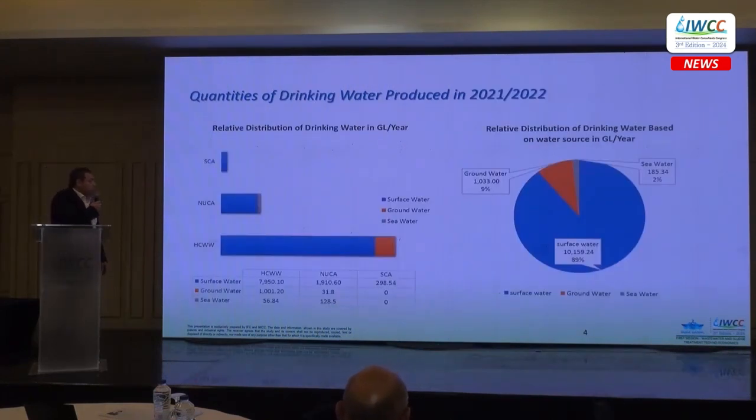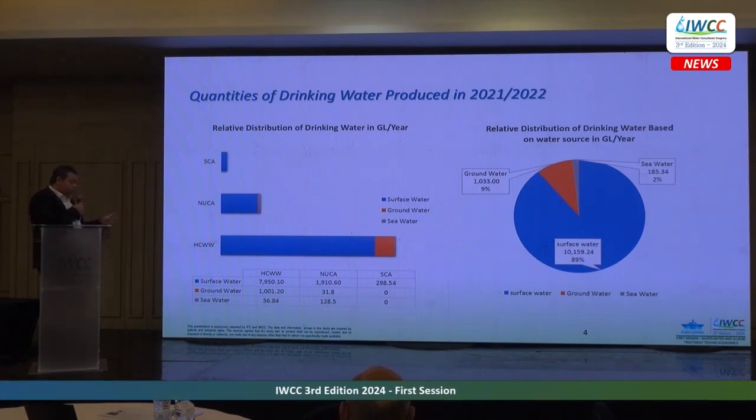We could classify this drinking water according to the source to the following. For holding company for water and wastewater, the surface water produced was about 8 billion, and the groundwater was about 1 billion and just 56 million cubic meter.